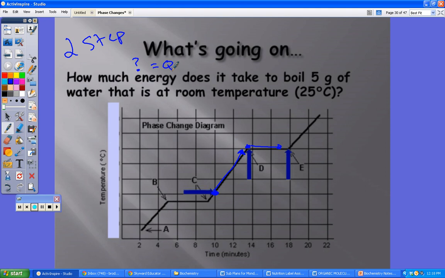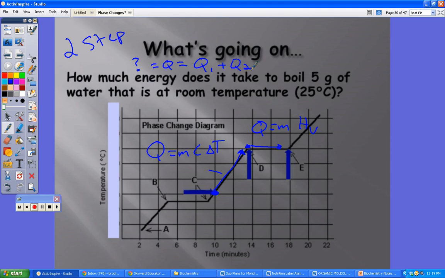On this part of the graph we have Q equals mc delta T. On this part we have Q equals mH_v, for vaporization. Our total Q, the Q that we're looking for here, is going to be equal to Q1 plus Q2.